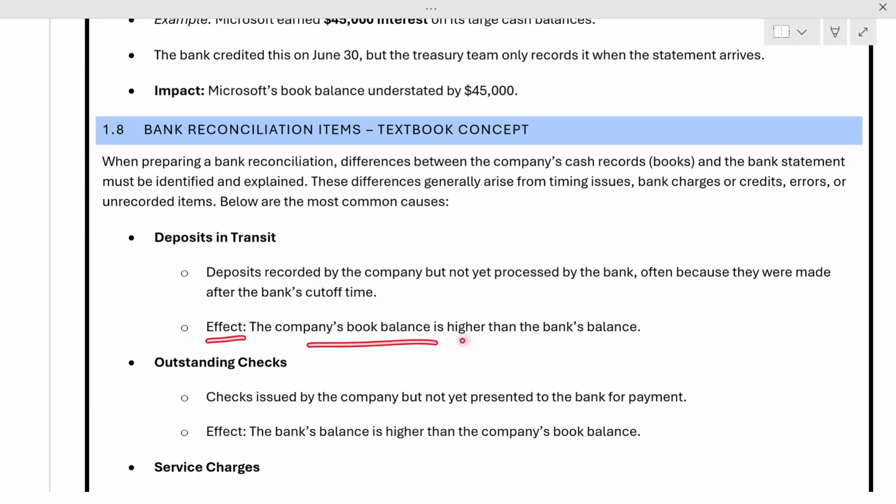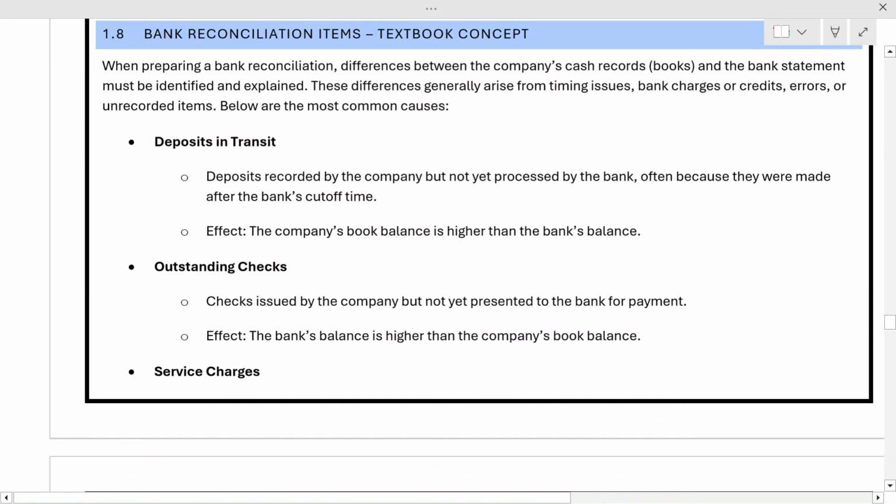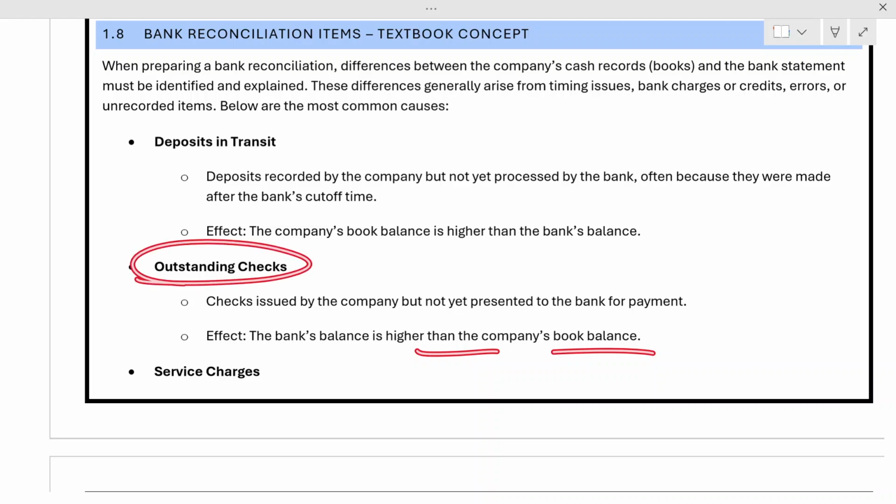The company's book balance will be showing higher and the bank balance will be showing lower. There are some outstanding checks cases, which is checks issued by the company but not yet presented to the bank for payment. What will be the effect? The bank's balance is higher than the company's book balance, because these are outstanding checks, and these are not deducted by the bank yet, so the bank balance will be higher.